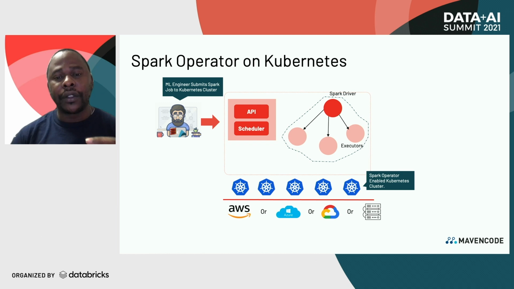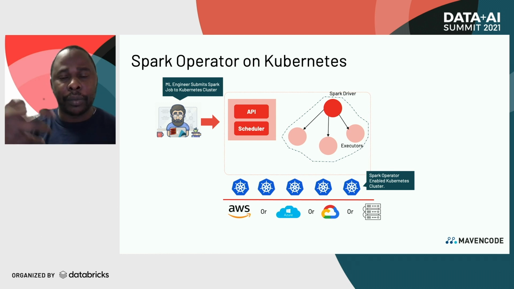Any of this can be on cloud, it can be on-prem, it can be on your local laptop, as long as you have Kubernetes, you can easily do that. So what you need to do is just come in and do a kubectl apply, and you basically deploy your Spark workloads on the Kubernetes cluster.